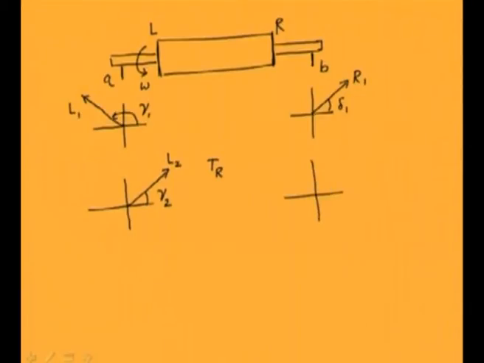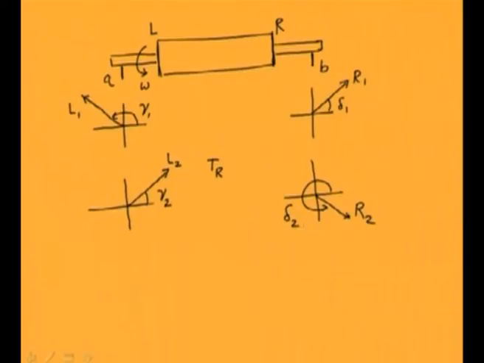Similarly, in the right bearing we got the measurement, let us say R2, and the phase of that is delta 2.